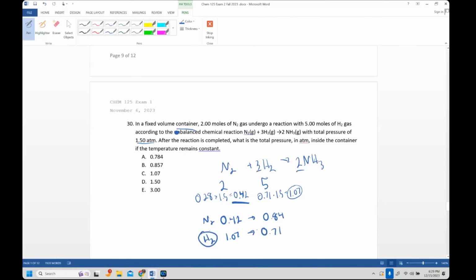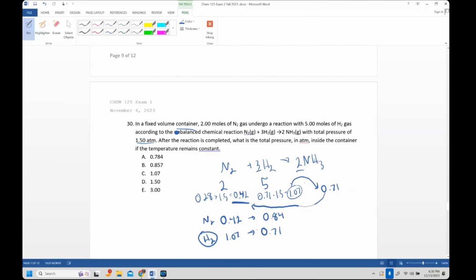That means all of the H2 will be used up to create 0.71 of the product. If that's the case, we can go backwards to see how much N2 was used up. Going backwards, we can see that it's a 2 to 1 ratio going from the NH3 to the N2.